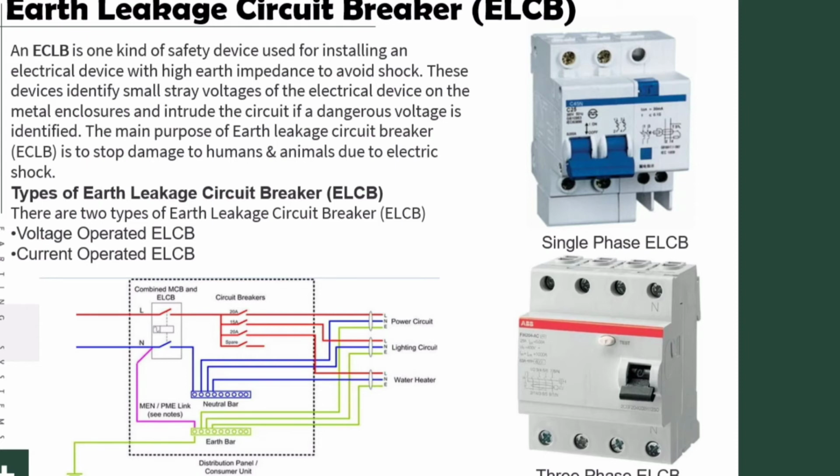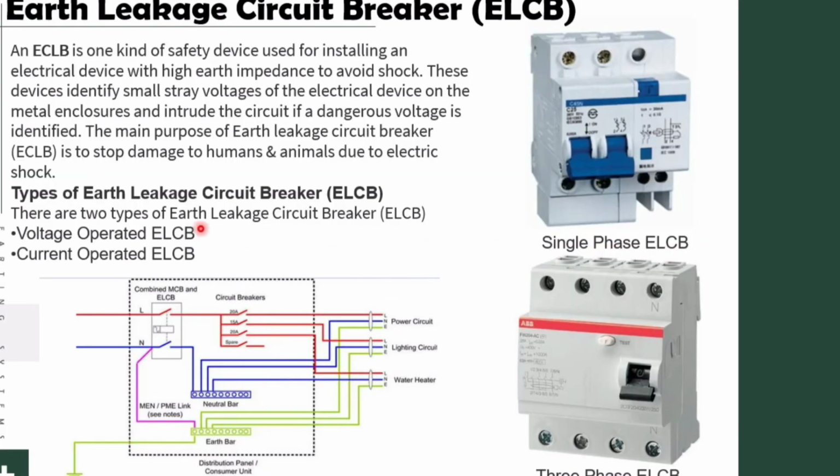This device identifies small stray voltage on the metal enclosure of the electrical devices and interrupts the circuit if dangerous voltage is identified. The main purpose of the earth leak circuit breaker is to stop damage to humans and animals due to electrical shock.